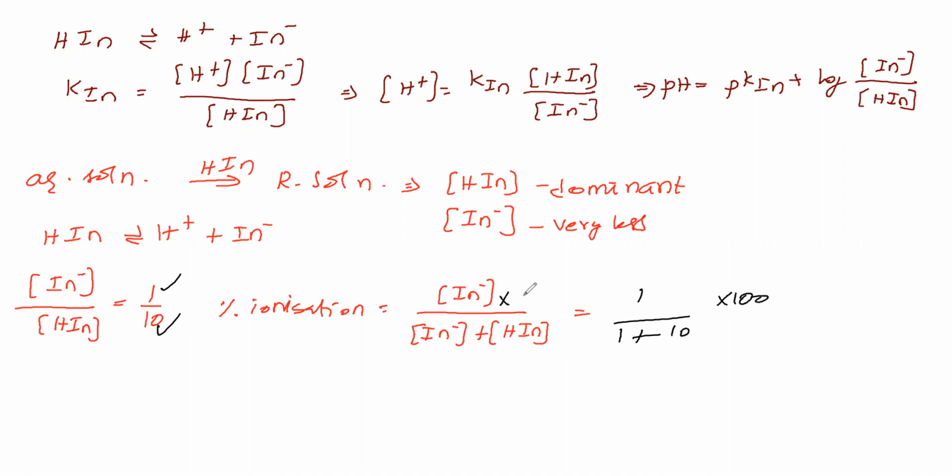[In⁻] is 1 and [HIn] is 10, so we substitute these and multiply by 100. So the indicator ionizes to about 9% extent. That means In⁻ is present about 9% at equilibrium, whereas undissociated HIn is present nearly 90%.